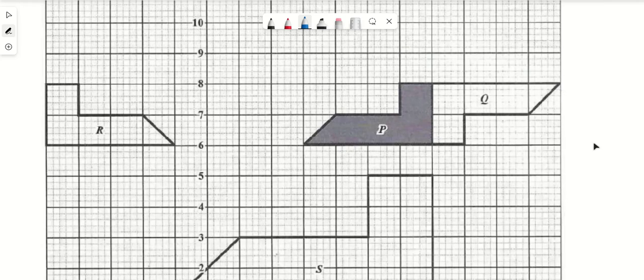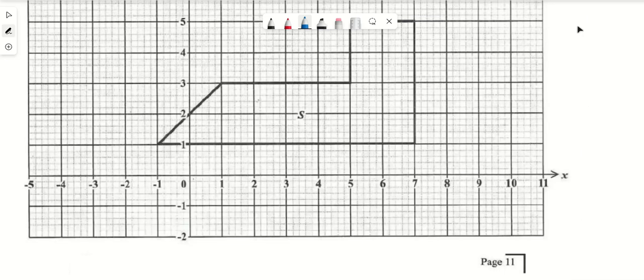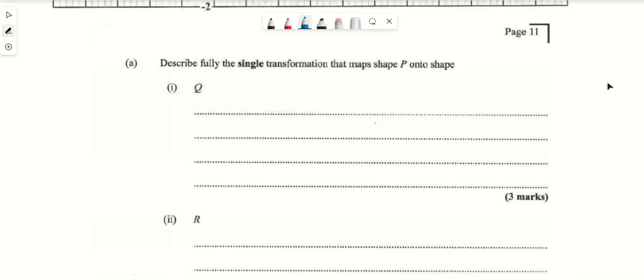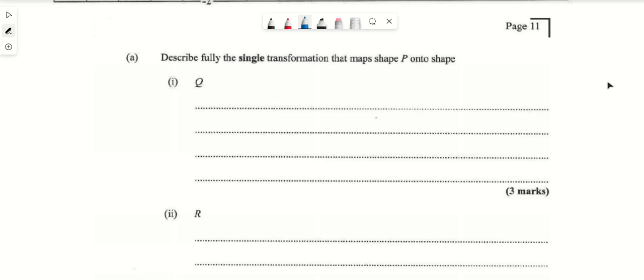So first, we're going to compare P with Q, and we can clearly see this is a rotation. For rotation, there are three things we need. Let's write it down: rotation.